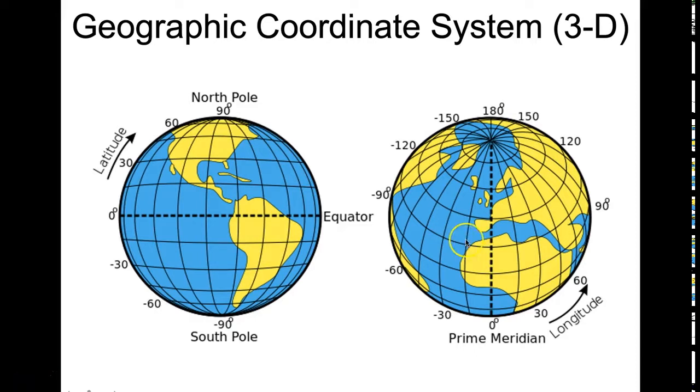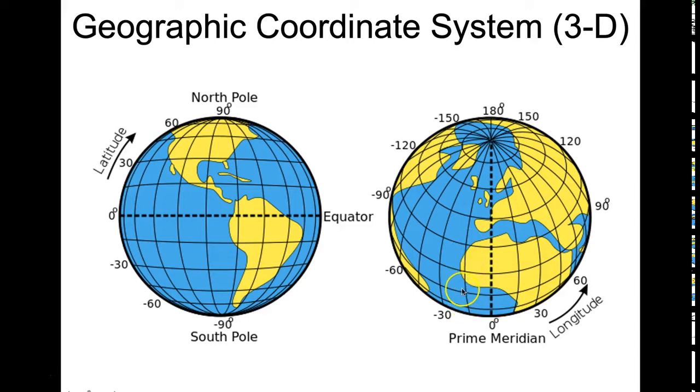Now, for measuring distances, degrees, minutes, seconds is not great, because the distance in between two lines of latitude or in between two lines of longitude is going to be different depending upon whether you're at the equator or at the pole.